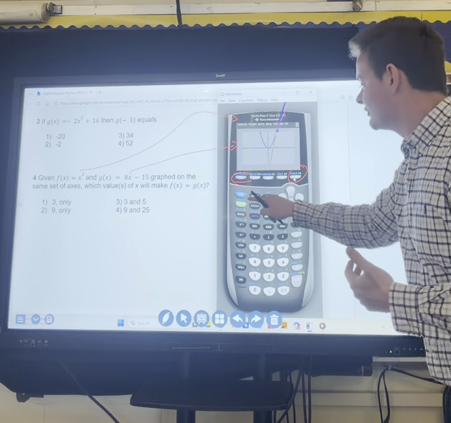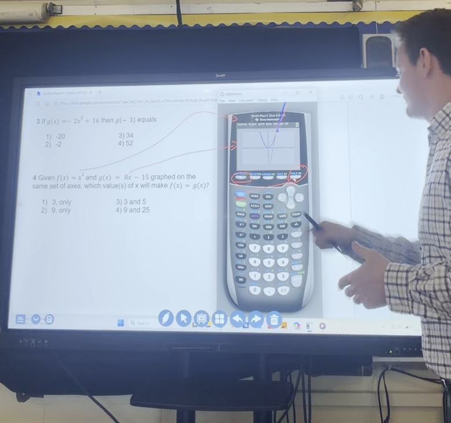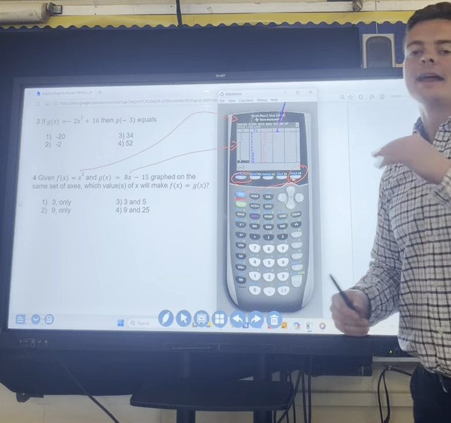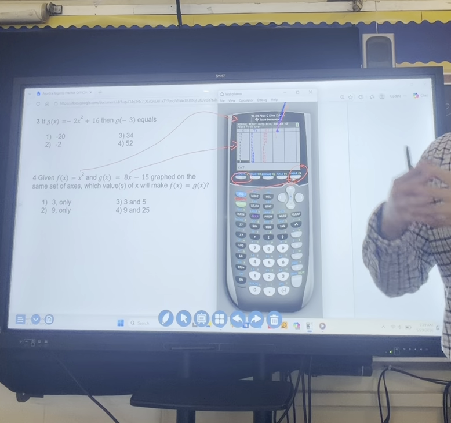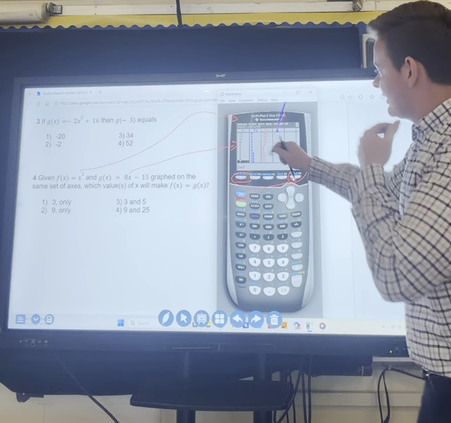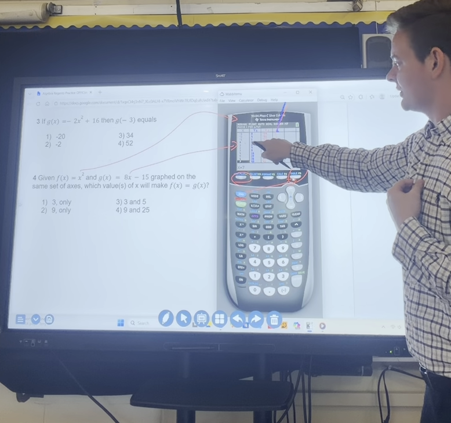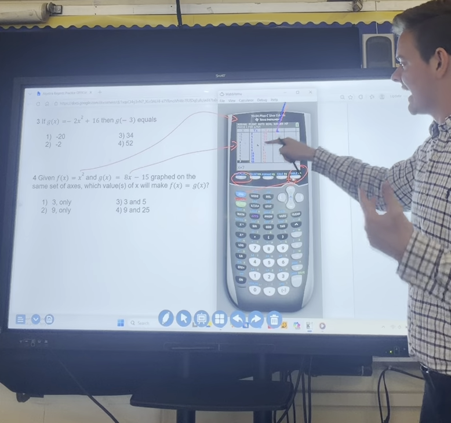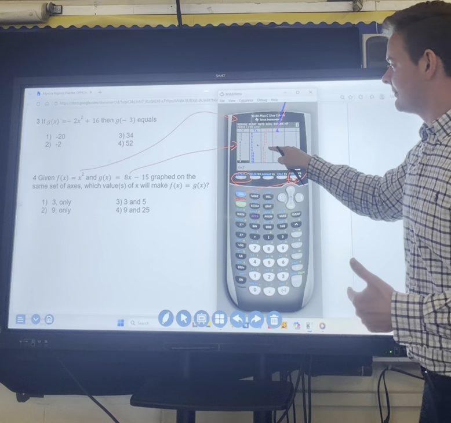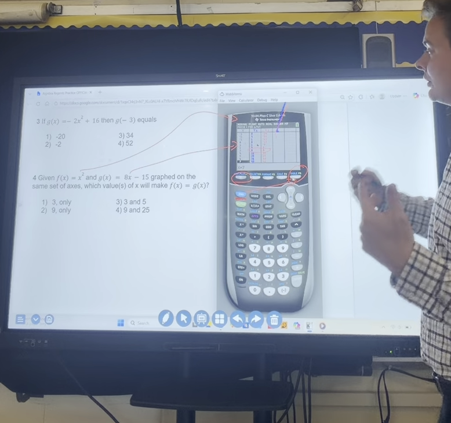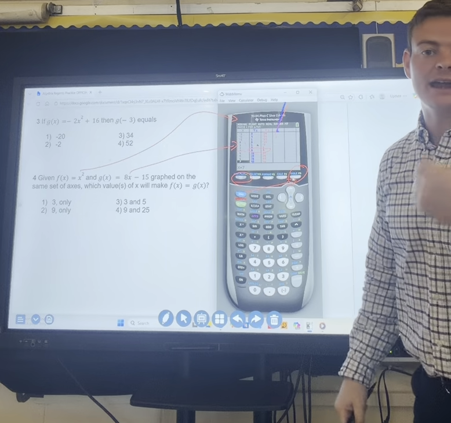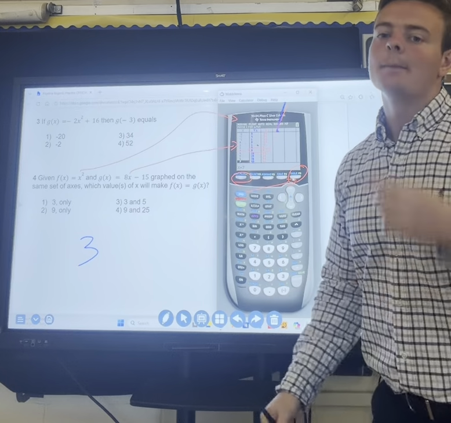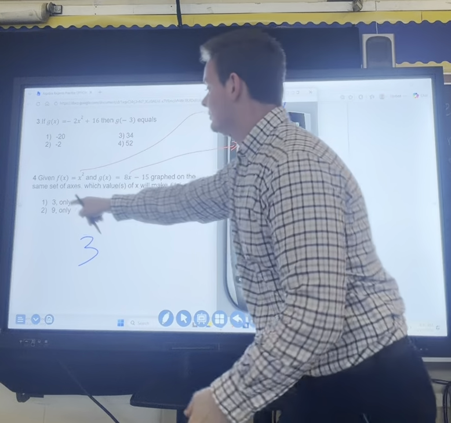So the best way to do it is second graph, because second graph gives me a table. Now I'm looking for where the y's are the same. So the first one here is 0 and that's negative 15, not the same. 1, negative 7, not the same. 4, 1, not the same. 9 and 9, those are the same, which means at x is 3, they are the same. So 3 is good, but notice how they're trying to trick you.